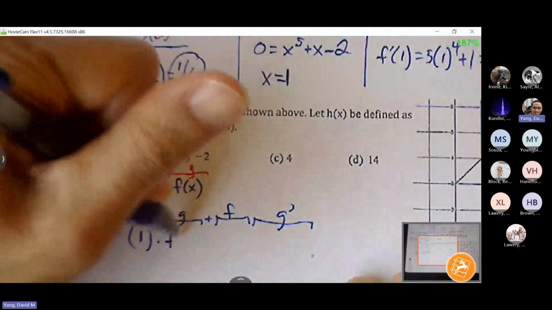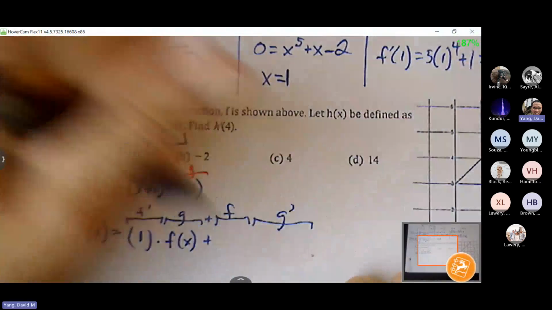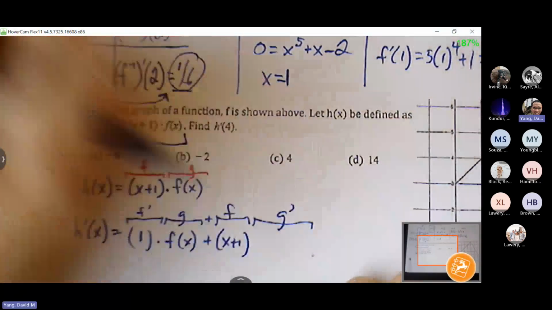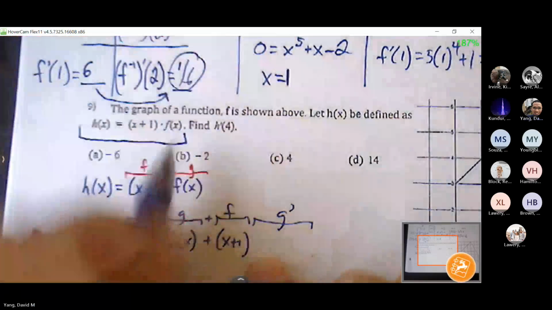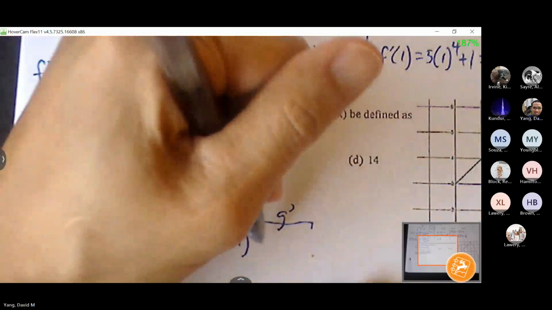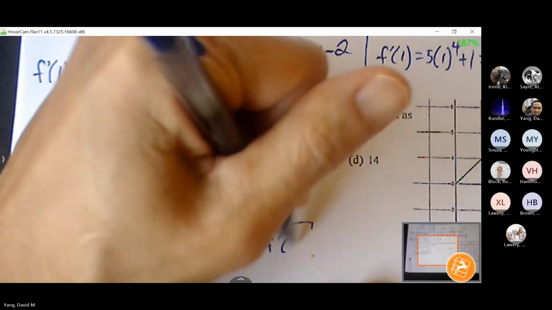G, no changes. F, no changes. And g prime, turn that into a derivative. Okay, replace every x with 4.